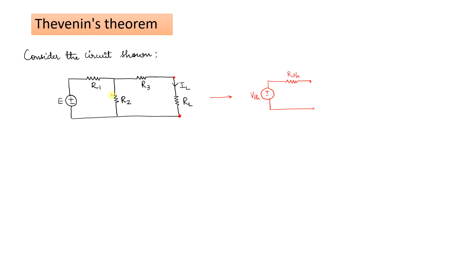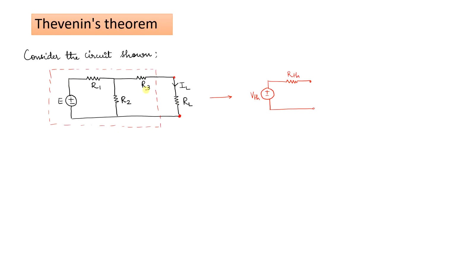What remains is only this part of the circuit: the applied voltage E, and resistances R1, R2 and R3. That is what I am representing here in the form of a box with dotted lines.